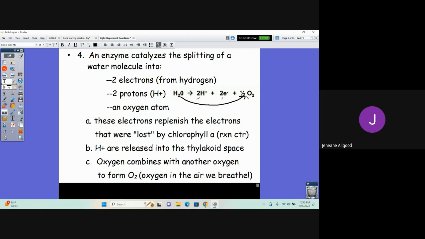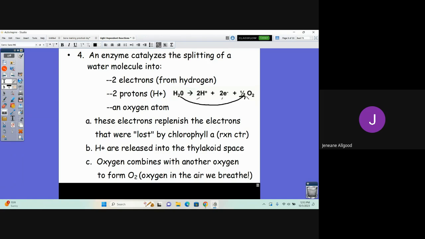So remember what we did yesterday with oxidation and reduction. What's happening to water here as it becomes oxygen? Is it getting oxidized or reduced? Why? What does oxidation mean? Loss of electrons.